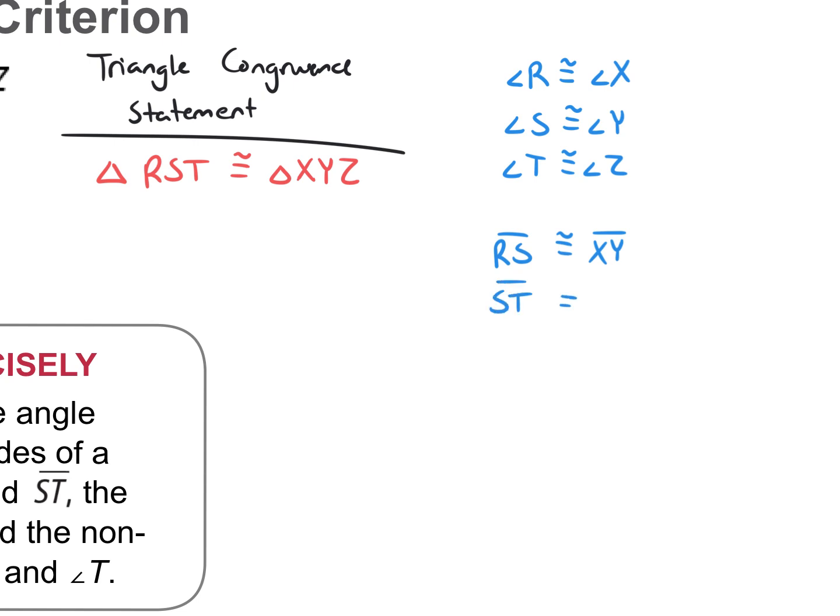What is ST congruent to? YZ. Okay. And then last one, what is RT congruent to? Yeah, RT is congruent to XZ. So just by being given the triangle congruent statement, we can say all of those things are true without even having the picture next to us.